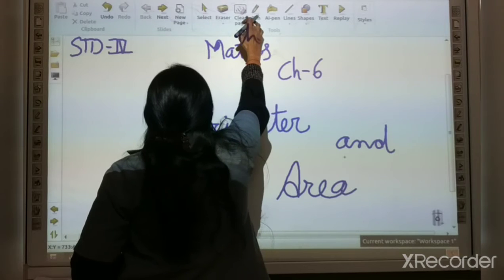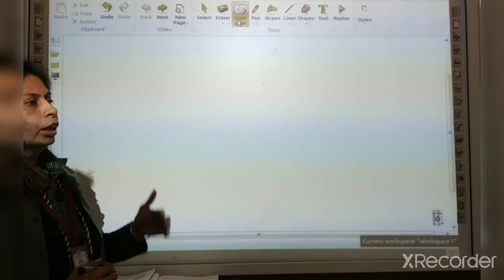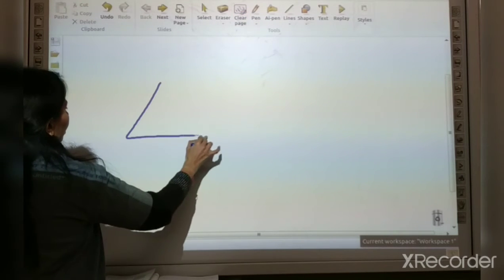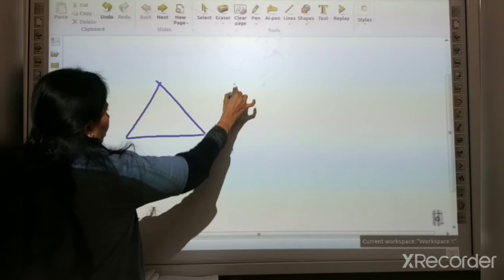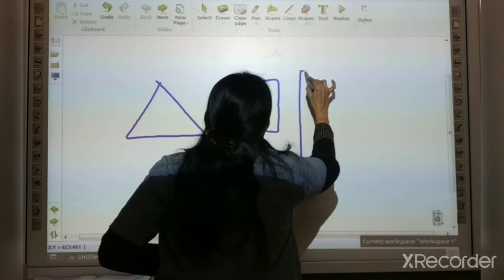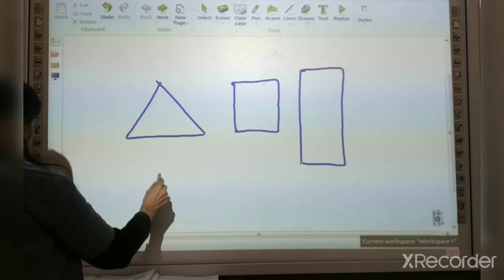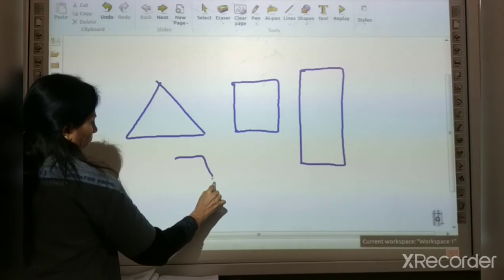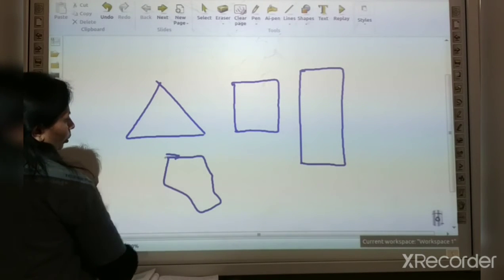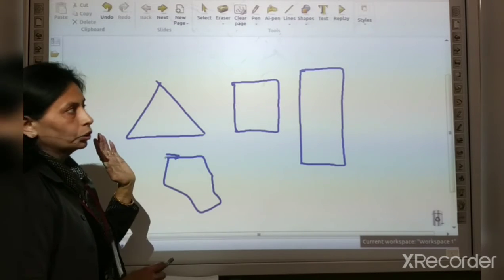Now in exercise 6.1, first we learn about regular shapes and irregular shapes. You know very well, this is called a triangle, this is called a square, and this is called a rectangle. But this is called an irregular shape and this is called a regular shape.